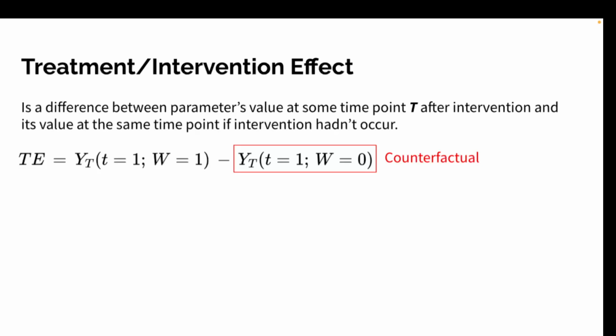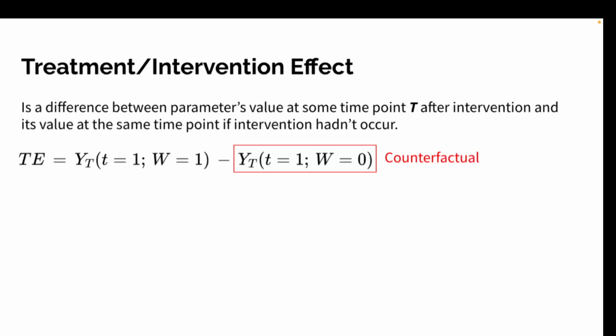If small t is 1, this means that the intervention was already done, or in other words, it denotes the post-intervention period. When small t is 0, it indicates the pre-intervention period, a period when the intervention is not done yet. W is also binary, and it indicates whether the treatment or intervention was done or not. If it's 1, then we know that the intervention is done already, and if it's 0, there is no intervention.